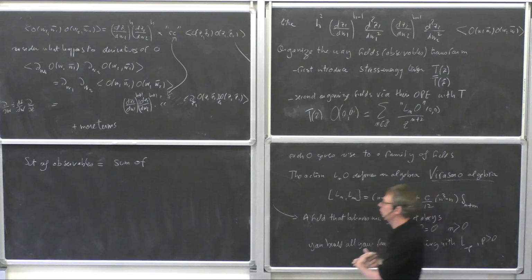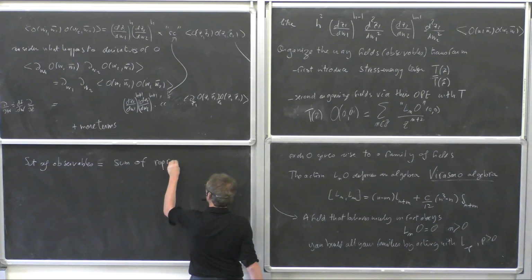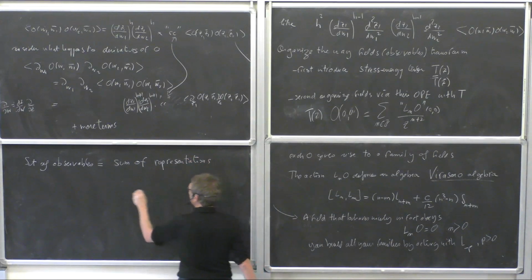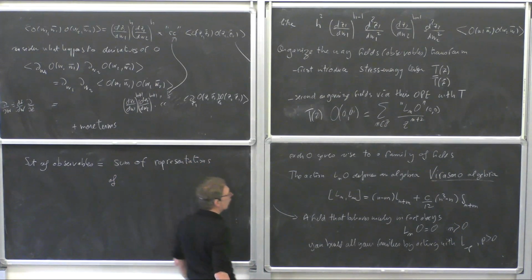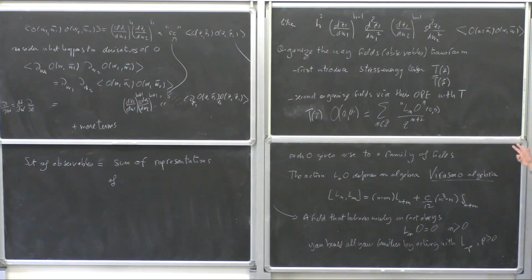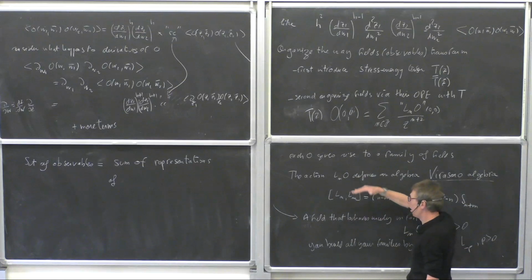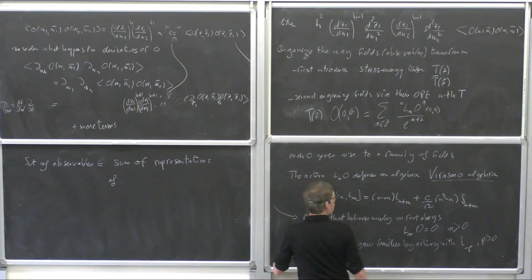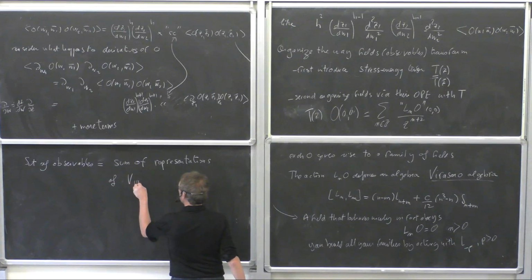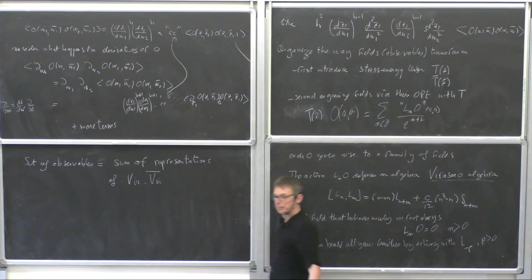So what we get is a sum of representations. And now we need two things because we have T of z and T bar of z bar. So like we have this algebra, we have another algebra with bars, and this I will represent as a sum of representations of V times V bar.